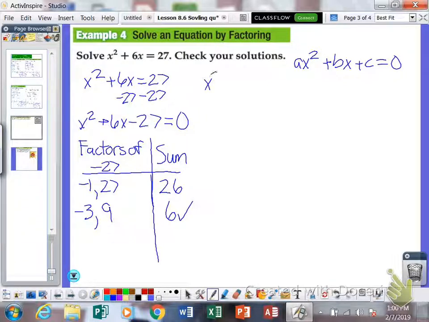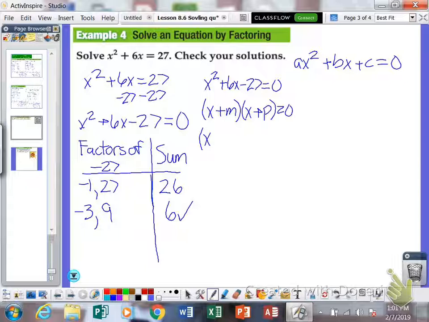So we'll rewrite x squared plus 6x minus 27 is equal to 0. We want to write it in the form of x plus m, x plus p is equal to 0.